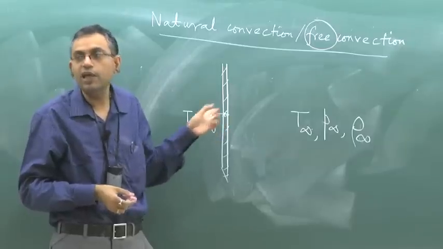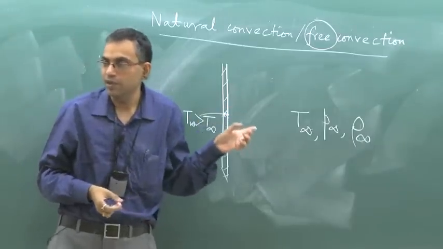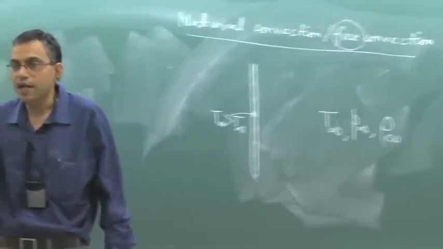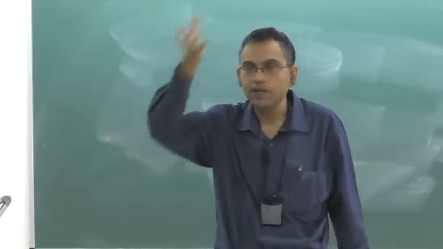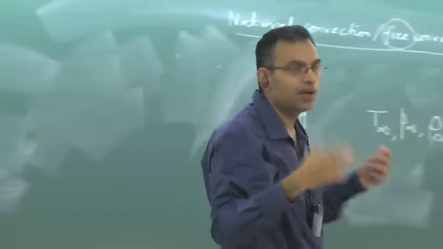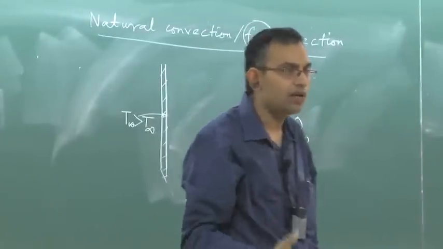You are not able to heat a vertical plate free of cost, but there can be scenarios when there can be a boundary which is heated free of cost, like for example in sunlight, if you expose a surface to solar energy, for that you do not pay any cost.